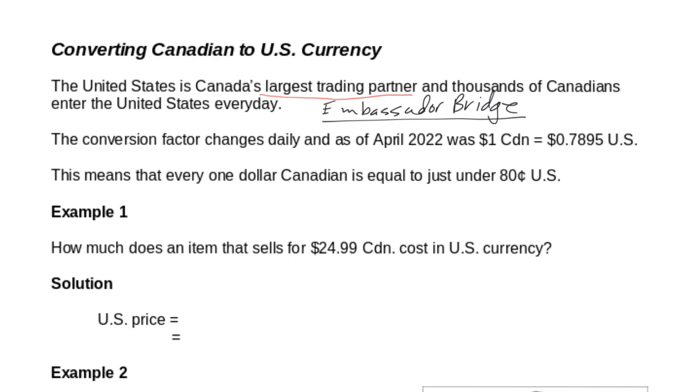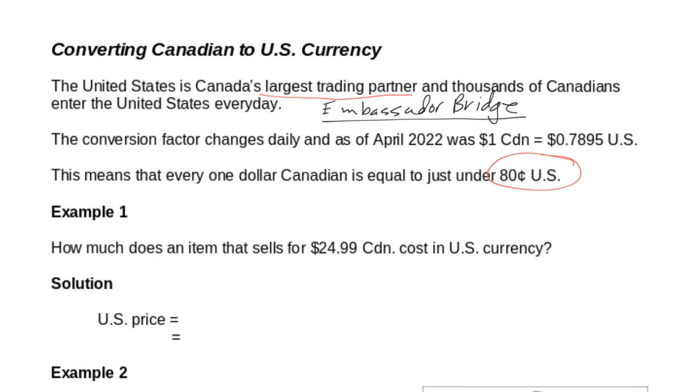Now, today we're going to talk about this thing called a conversion factor, right? The conversion factor changes daily, right? And as of April 22, $1 Canadian was 0.7895 US. That means that for every $1 Canadian, it's just under 80 cents US.